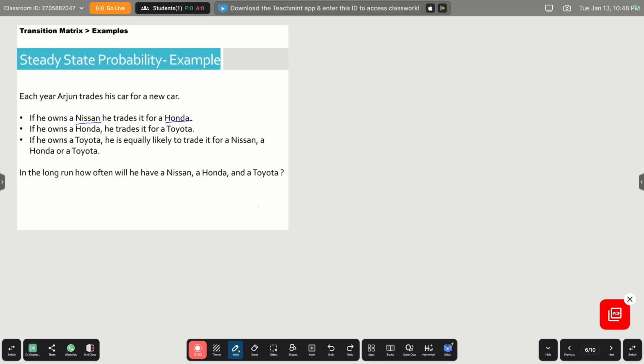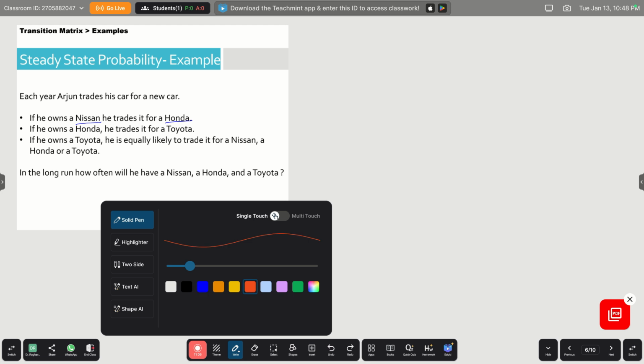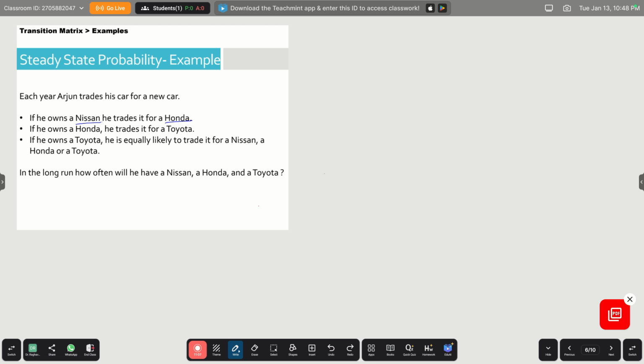To solve this, again we just need to find the fixed probability vector of the transition matrix of this Markov chain. So let us write the transition matrix first. For the complete explanation of how to write a transition matrix of a Markov chain, you can visit my previous lectures.